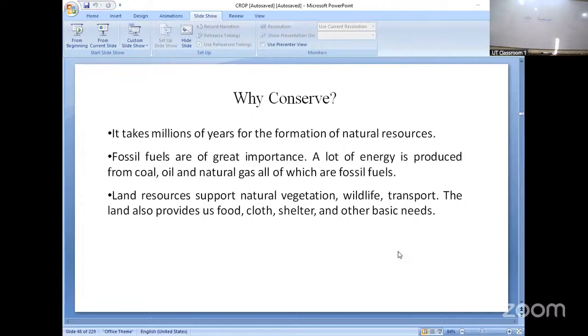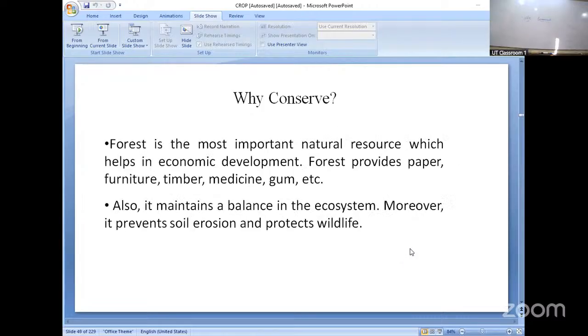See, in the forest, animals are there, fauna and flora. If we cut the forest, then where will these animals go? Lions, tigers, wild animals, they like to live in their natural habitat.